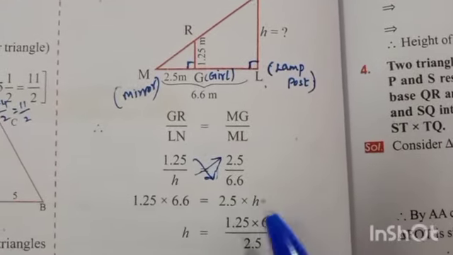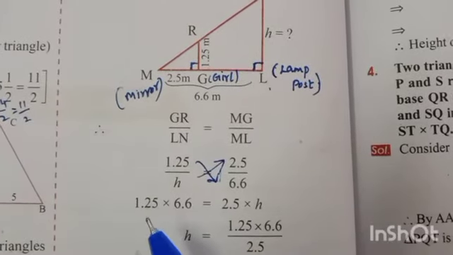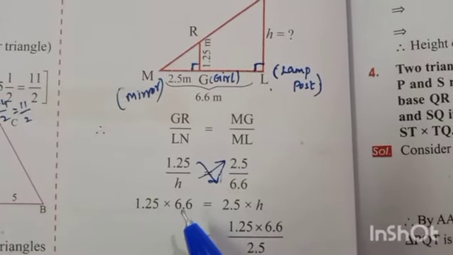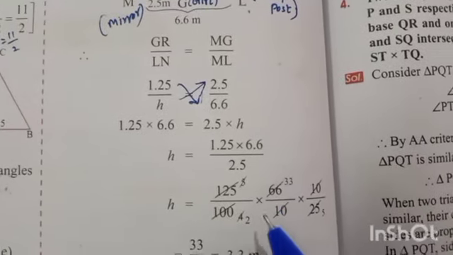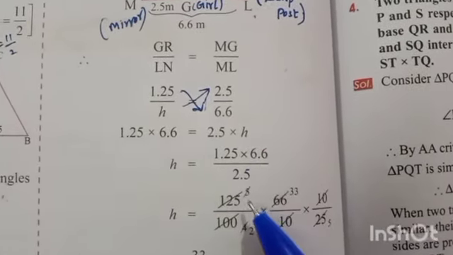We want to find h, so you have to transpose this 2.5 to this side. That is 1.25 into 6.6 whole divided by 2.5. Now you have to remove the decimals.